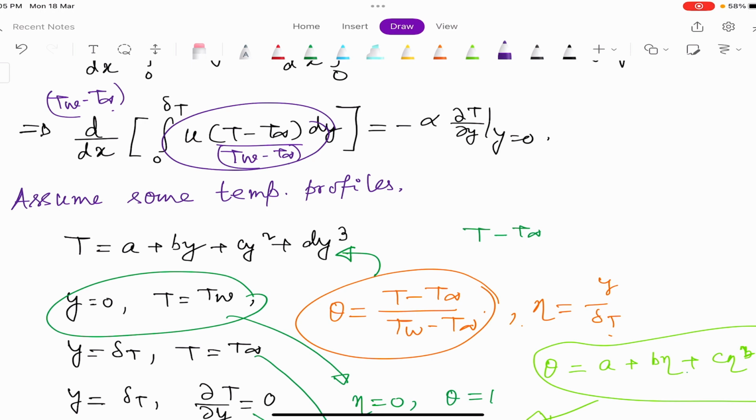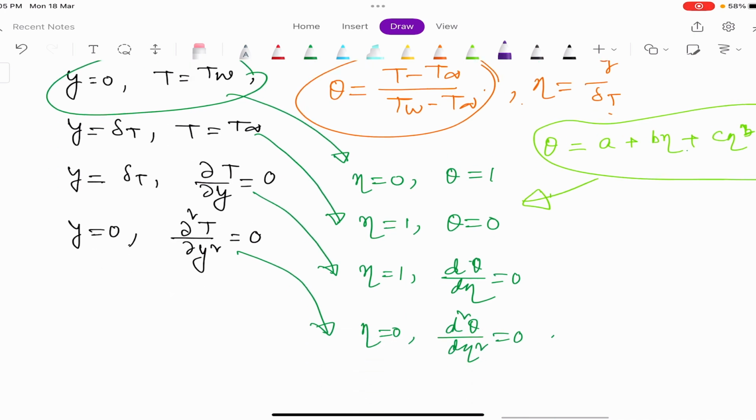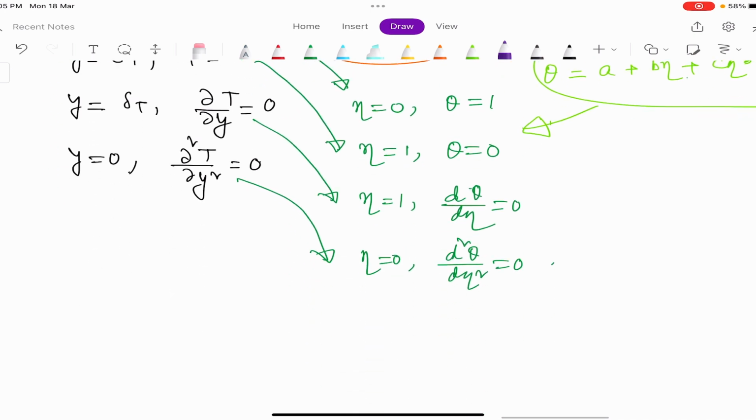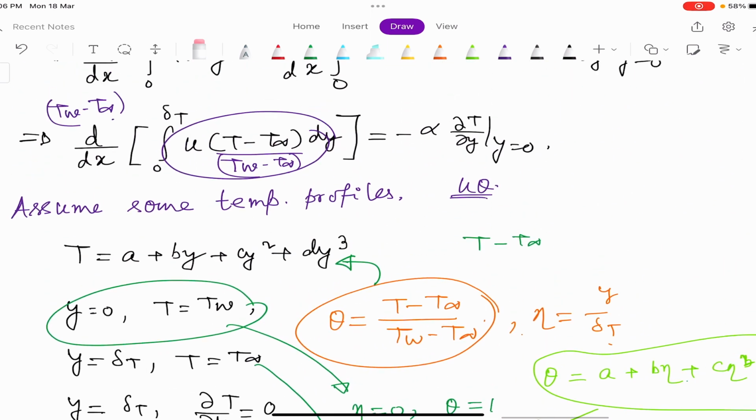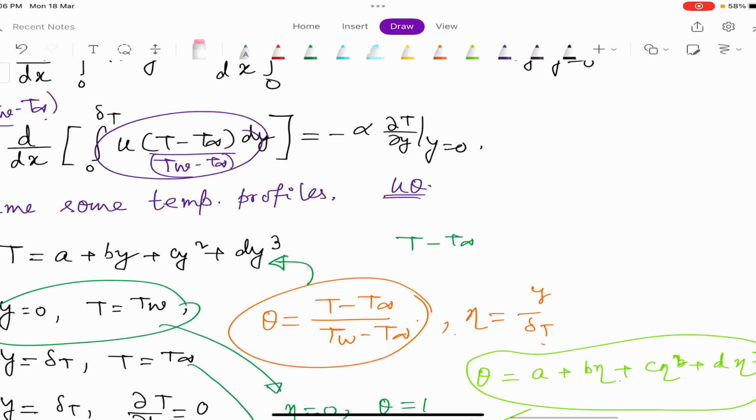So then you are getting u into theta. I am writing here only because I want you to see this equation.